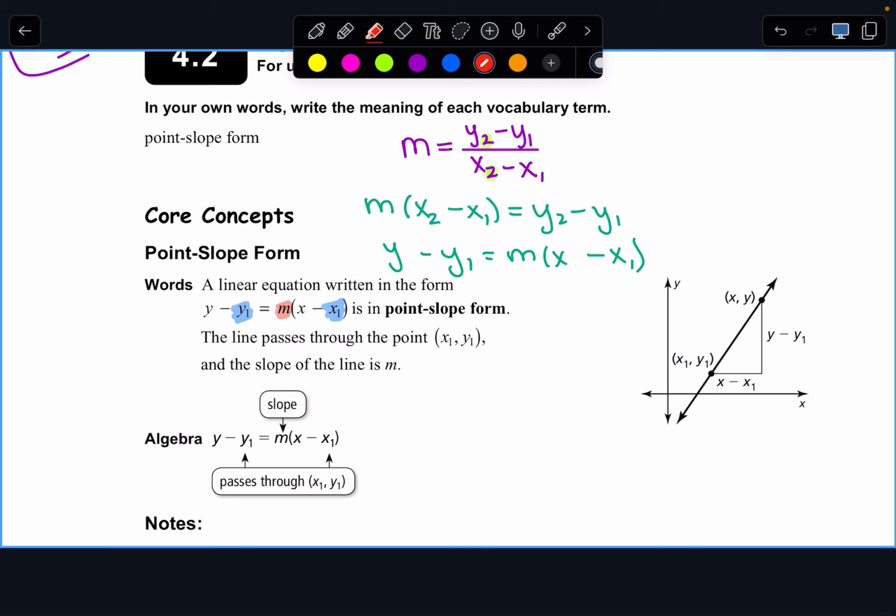And what we are going to do with it is take our point slope form and do some algebra and rearrange it to be y equals mx plus b, our slope intercept form. Okay?